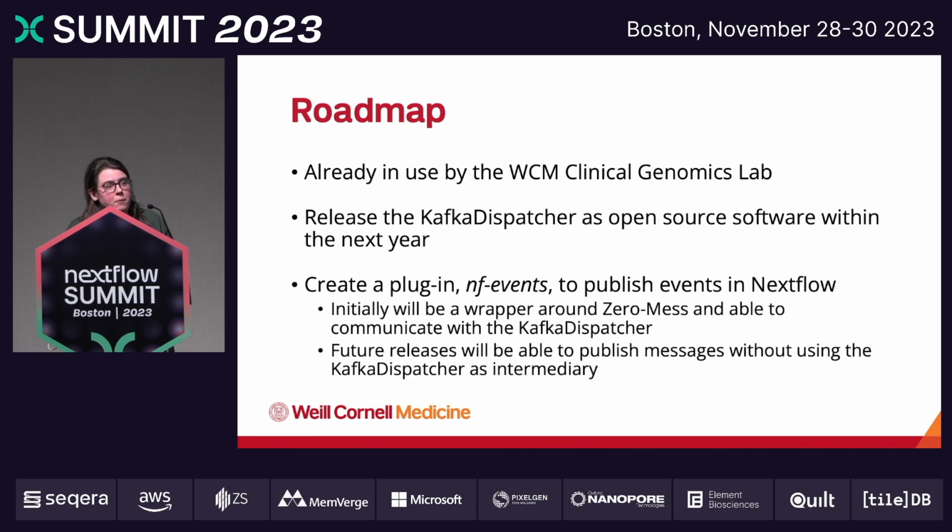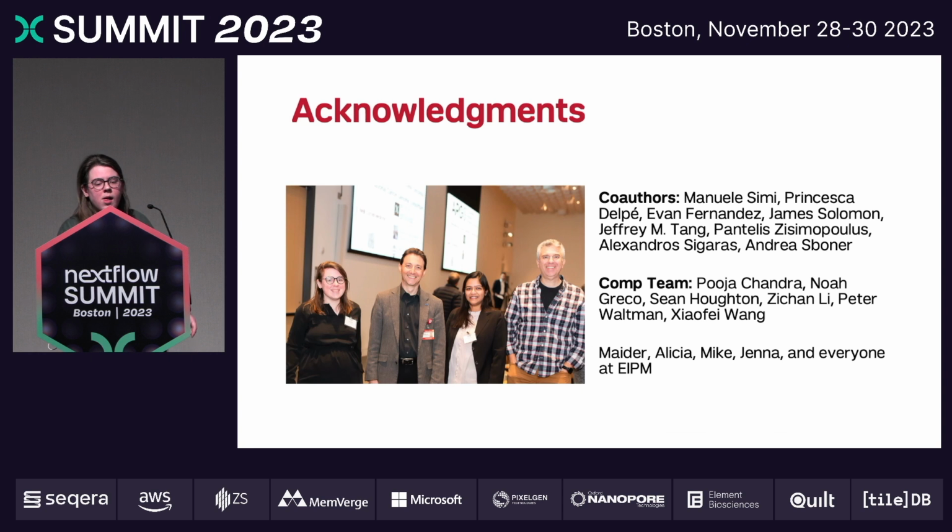Initially, it will be a wrapper around our ZeroMess library and able to communicate with that Kafka dispatcher directly. But in the future, we want to be able to publish messages directly from Nextflow without the dispatcher.